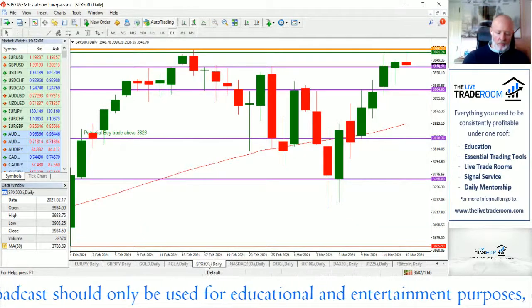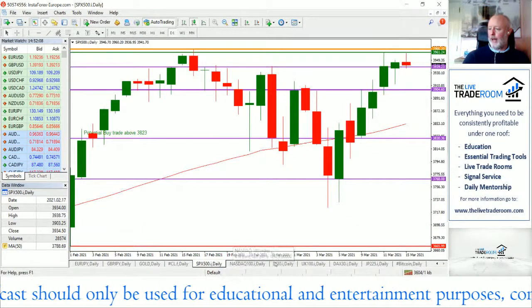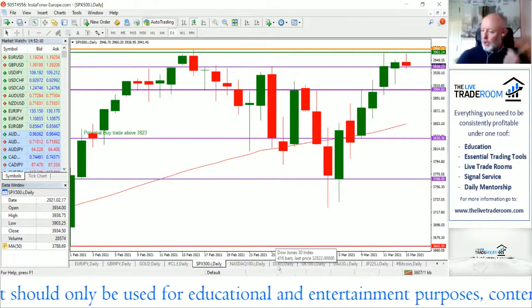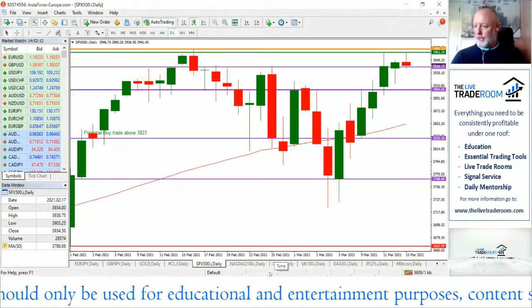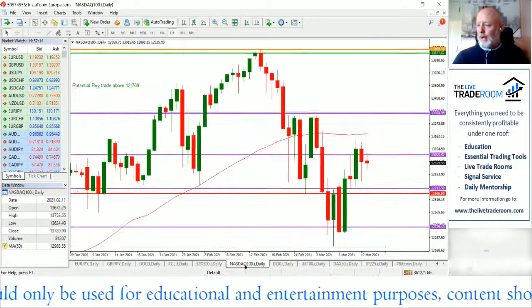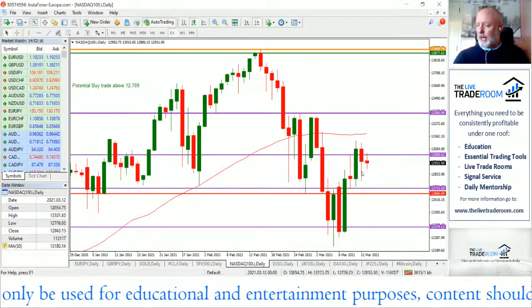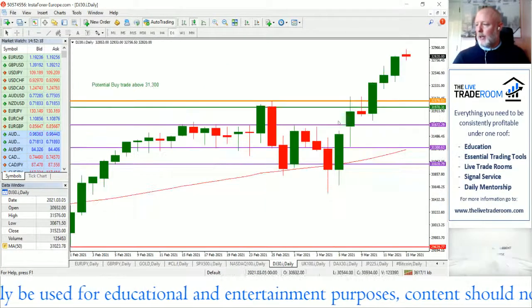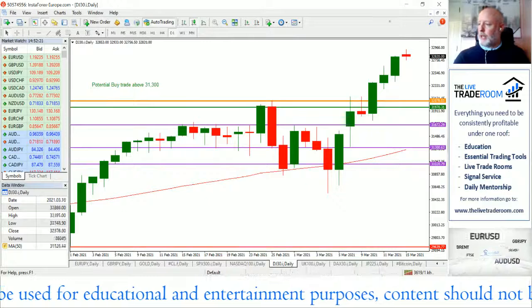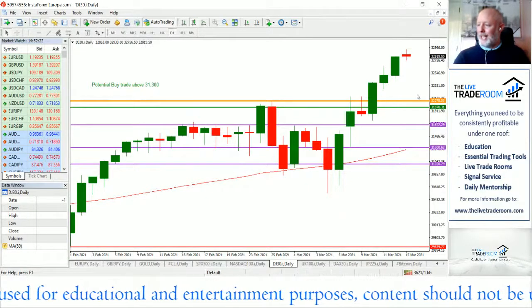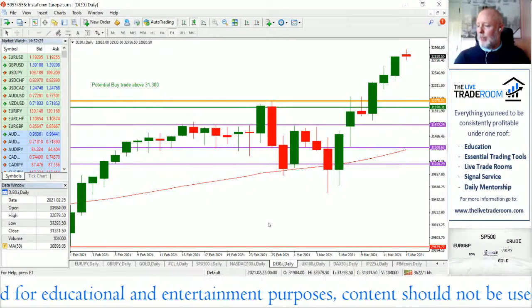We've got 4 different foreign exchange pairs. We'll have a look at the S&P. We'll just compare and contrast it really with the Nasdaq. The Dow Jones is up at these highs, so we'd want to see a corrective move really to get in at a lower price.